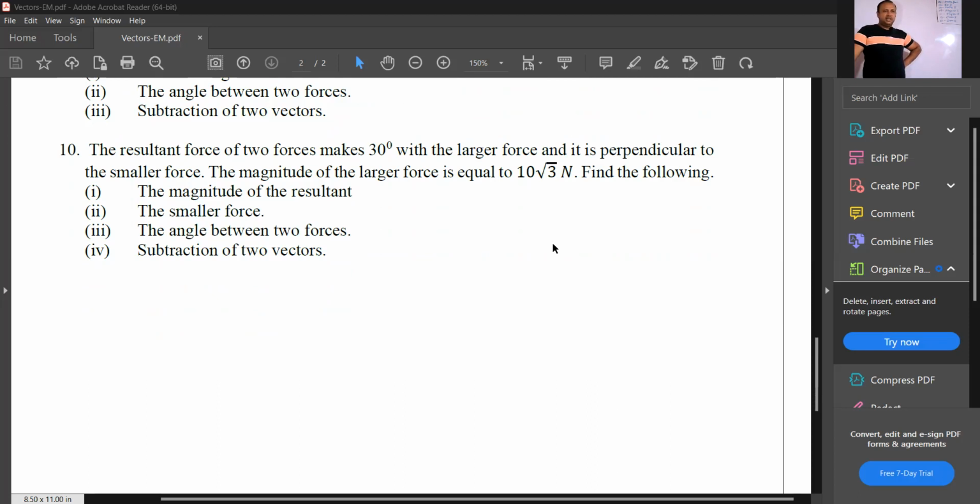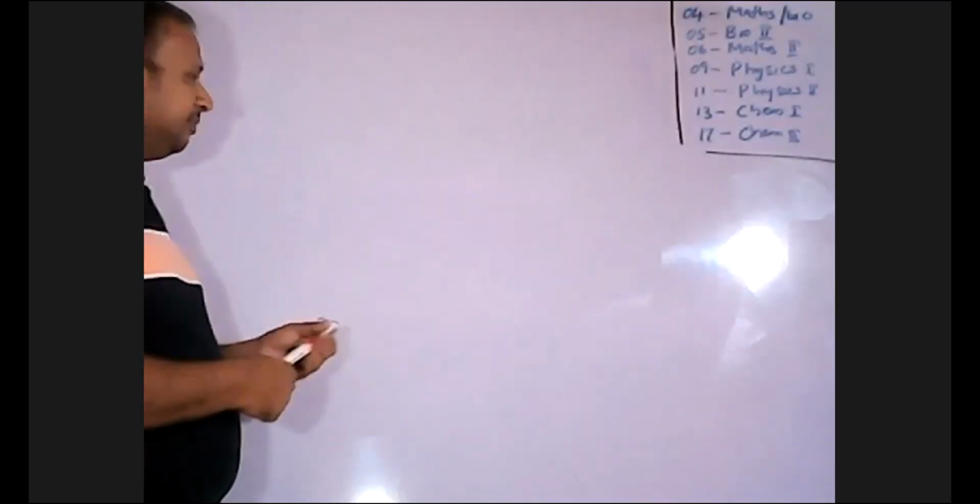The 10th one. The resultant force of two forces makes 30 degree with the larger force and it is perpendicular to the smaller force. Now you are given another angle of that triangle. You know, previously I have drawn a triangle.